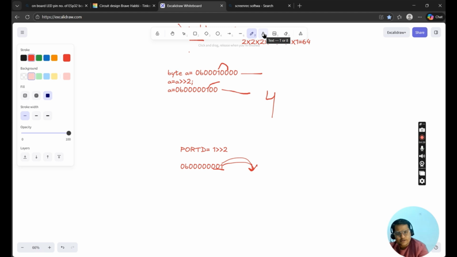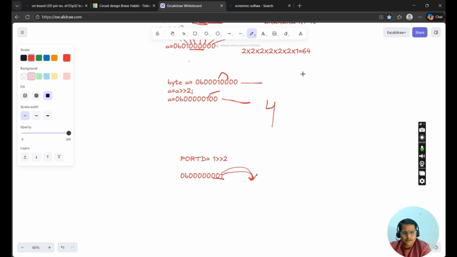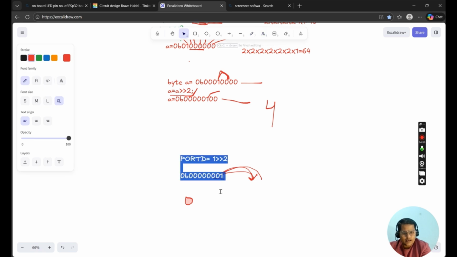In left shift, your left side bits are going. That's what happens, right? That's what we have seen here. When we are doing 2 times shifting, because this was the right side, you can see the one came into this position. Here the one was already in the first position, so it will go and automatically 0 will be added on the left side, and you will have PORTD.